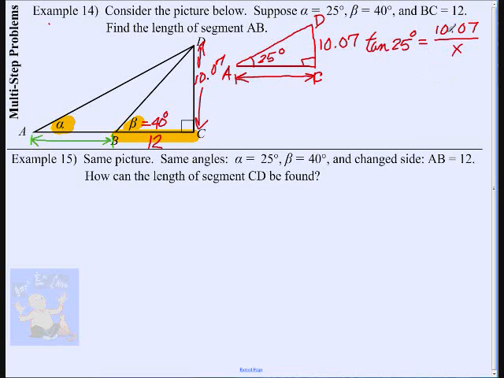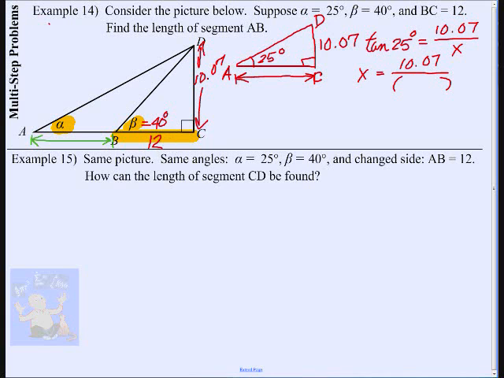So, let's see, I'll multiply this. Okay, so x equals 10.07 divided by whatever is the tangent of 25 degrees.